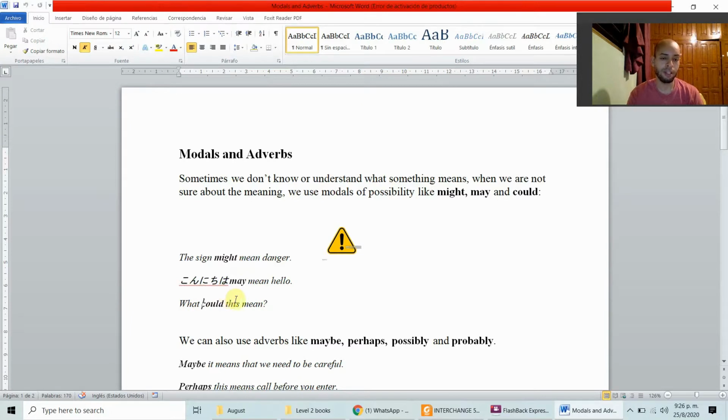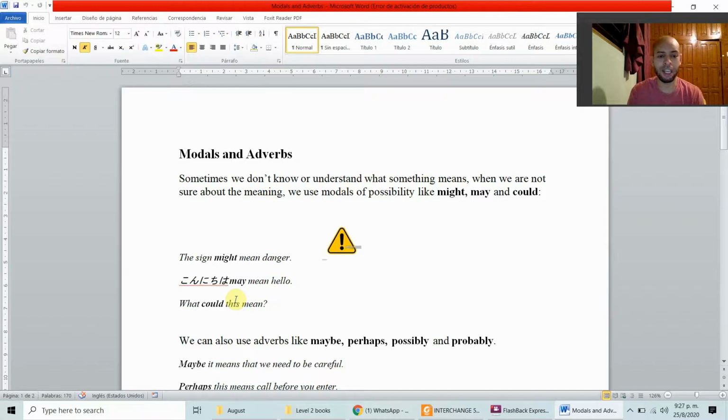I mean, it can be a sign, it can be something someone said in another language, or it can be something like sign language. You know, sign language like the ones that people who cannot hear use.